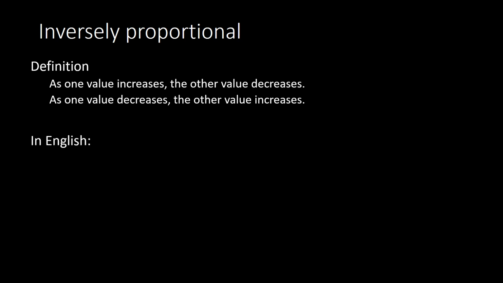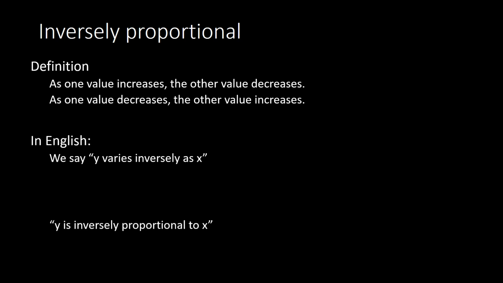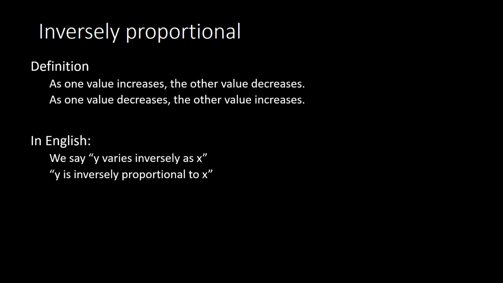So in English, we can say something like y varies inversely as x, or we can say y is inversely proportional to x. They're both the same thing. And then an equation that we can use to show the relationship would be y equals k divided by x. So for direct variation, we are multiplying by x, or by something. And here, if it's inversely proportional, we are dividing by something.